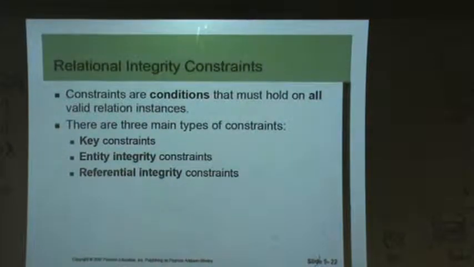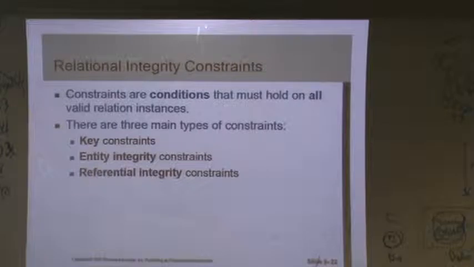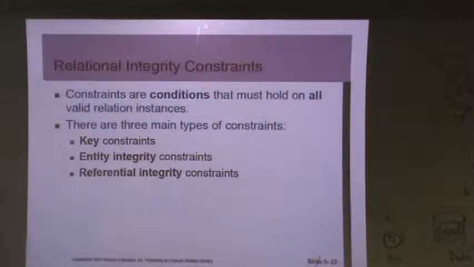And the last one, referential integrity, is one of the main characteristics of the relational model. That's different from the others. Let me give a very quick example.